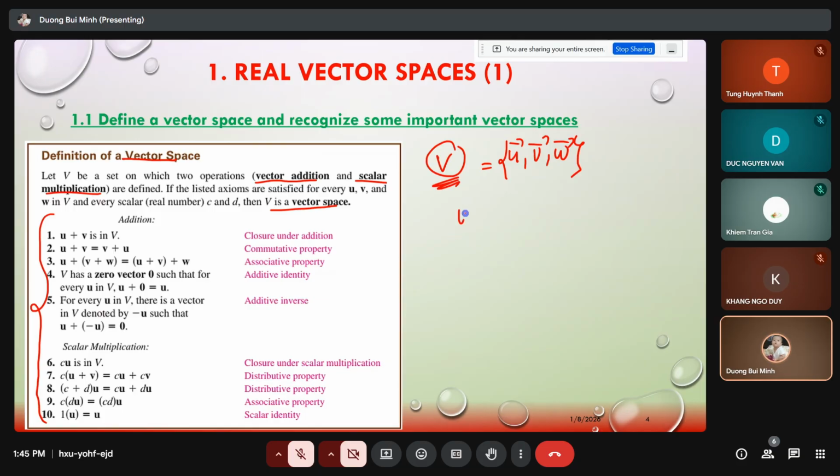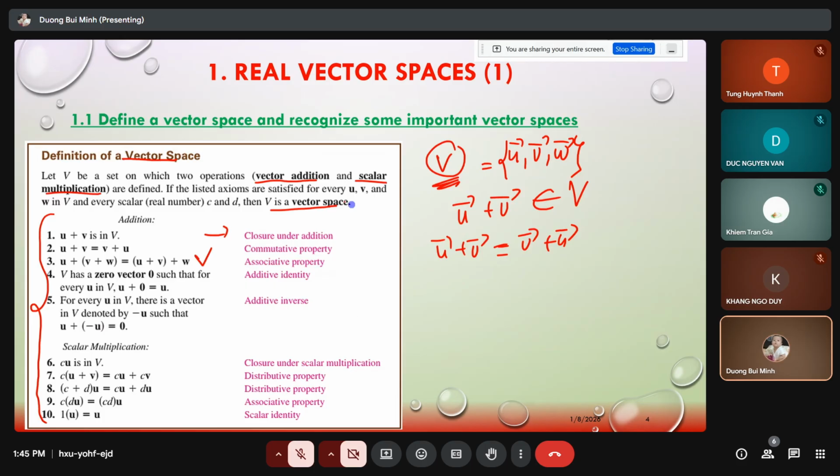So u plus v must be in the vector space, and u plus v must be equal to v plus u. Then axioms 3 to 10. The first one is closure under addition, and the second is the commutative property.